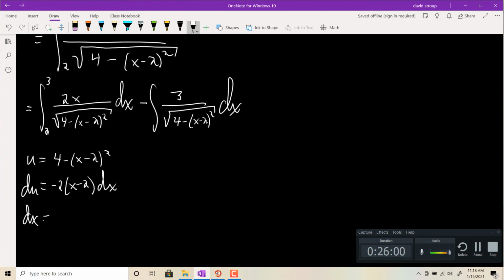So dx is going to be negative du all over 2 times (x minus 2). Okay. So it's literally 2x minus 4 if you want to distribute. And maybe that'll help you kind of see how you're going to make this work.